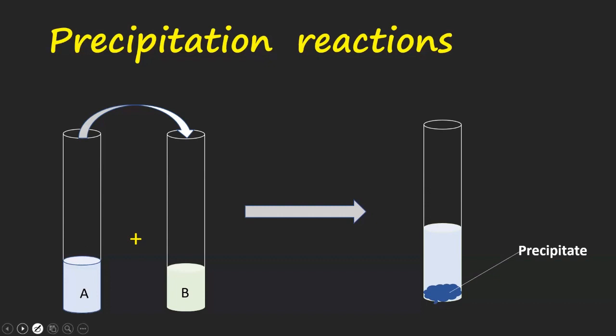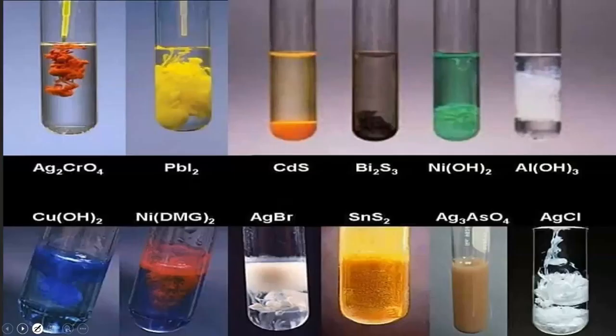If you take another glass of water and try to dissolve something, and it doesn't dissolve, it just settles down, that is not a precipitate. A precipitate always comes from two solutions. When you mix them, you get a solid form that's called a precipitate. Now, these are different examples of precipitations.